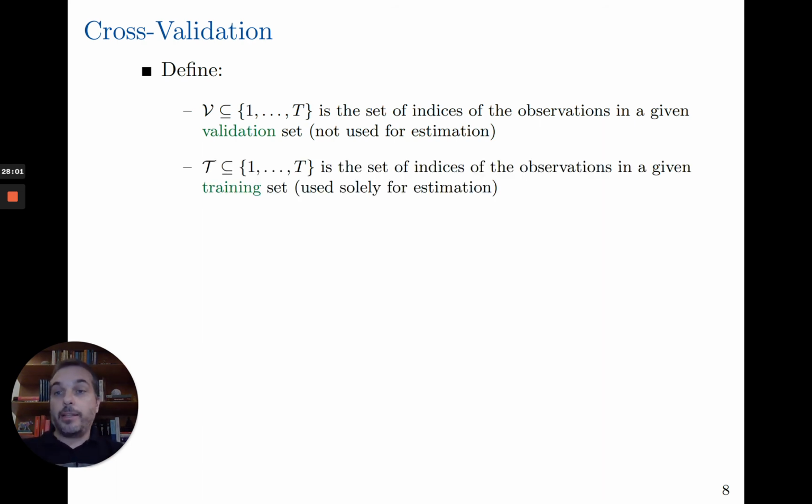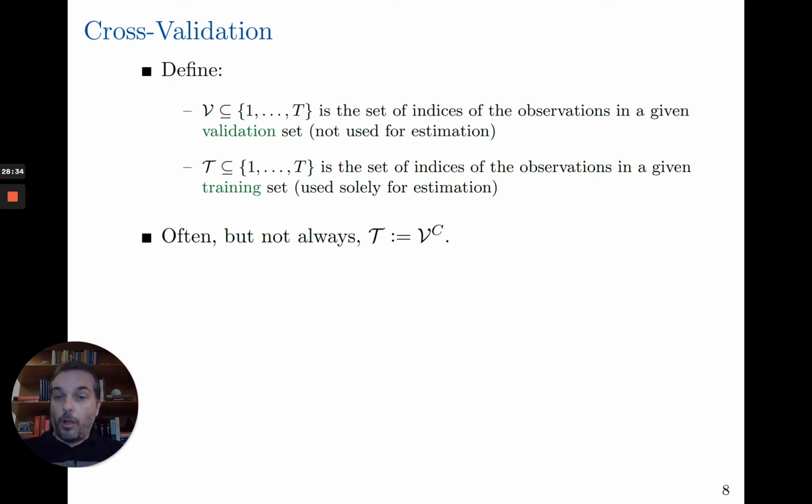Then we are going to define another set of observations, calligraphic T, that will be the observations that we are going to use to estimate the model, and only for estimation. The indexes in the calligraphic V set are only for validation. We usually cannot use the same indexes in both sets. Okay?